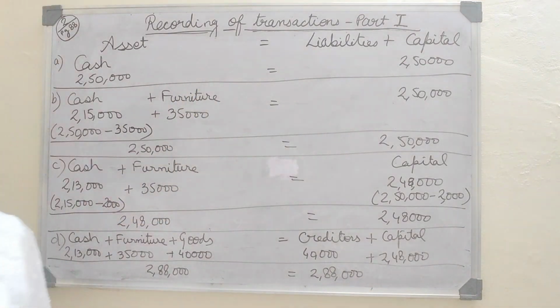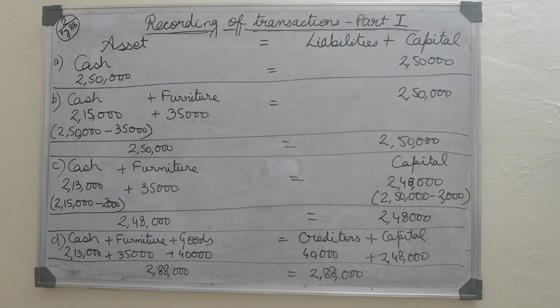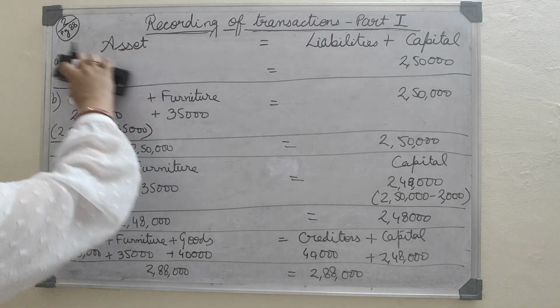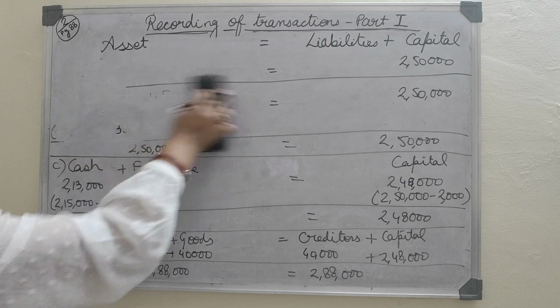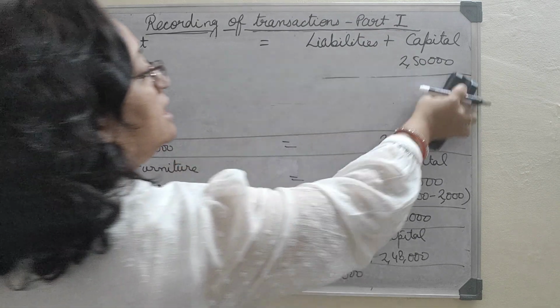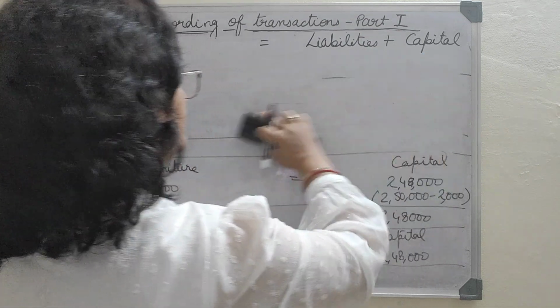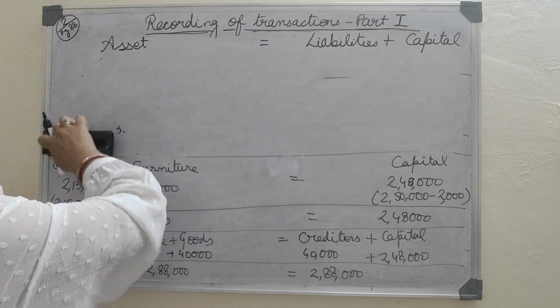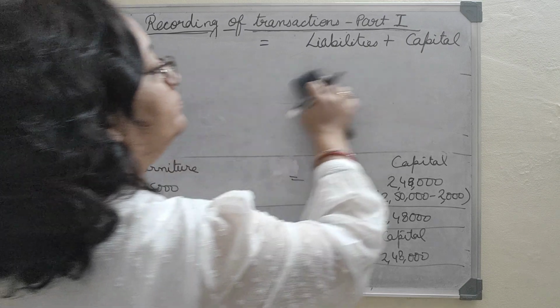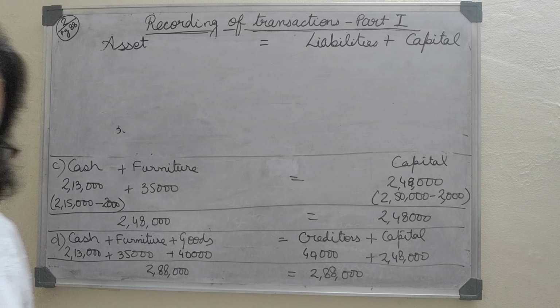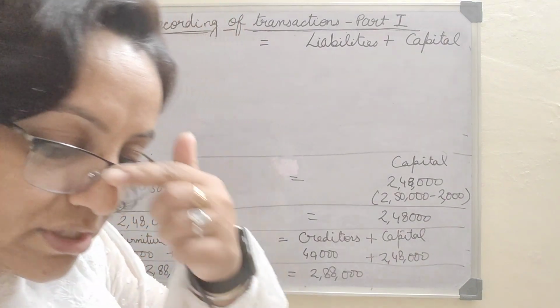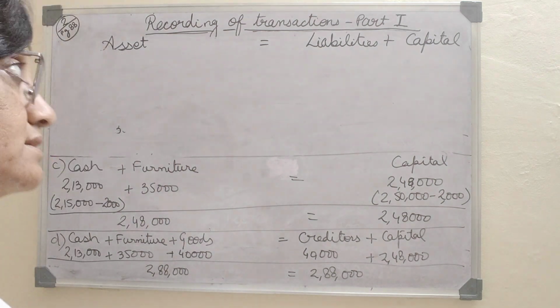When I am doing the question, I suggest you please kindly continue doing it with me. Now we see the next transaction, which is the last one. It says he sold goods costing 20,000 for cash 26,000.